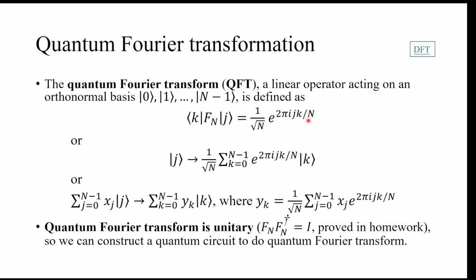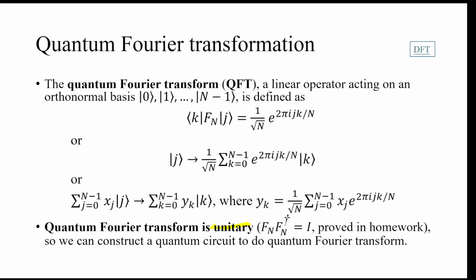We can define this as a linear transform, but we want the quantum Fourier transformation to be a proper quantum operation. Then an important thing to check is that the quantum Fourier transform is unitary. So we have this Fn matrix, and you need to check Fn times Fn dagger equals identity.